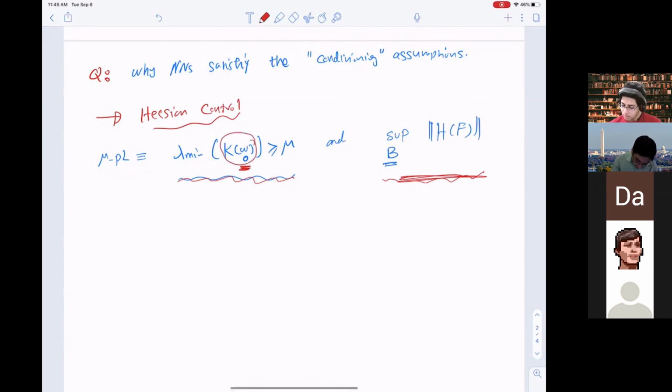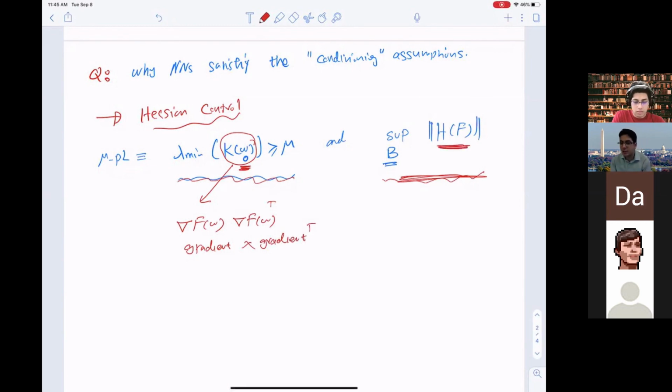So this tangent kernel, if you remember, is basically the gradient times gradient transpose. And this Hessian is the rate of change in the gradients. So the Hessian is like the double derivative.